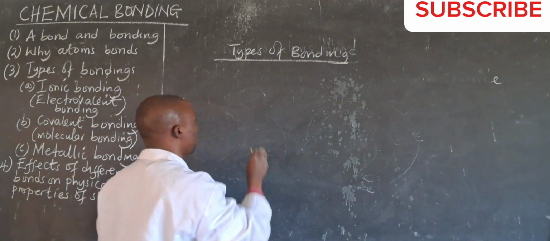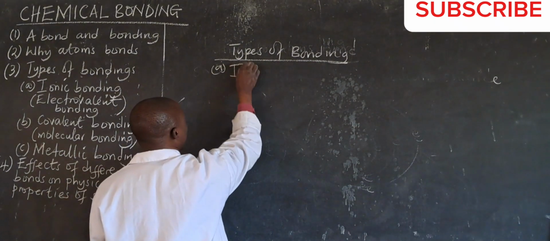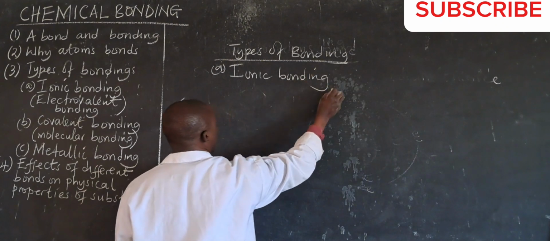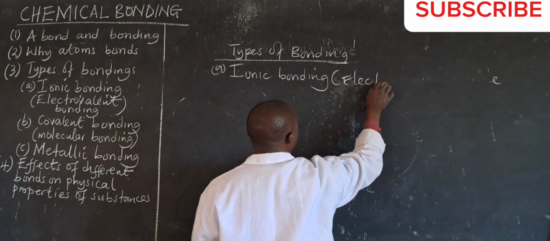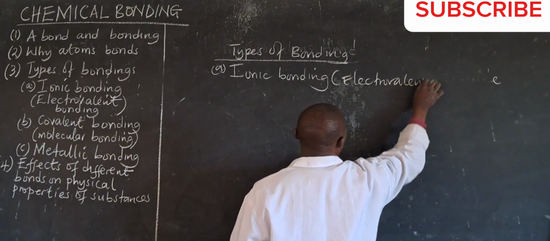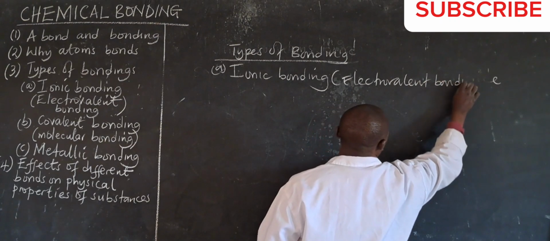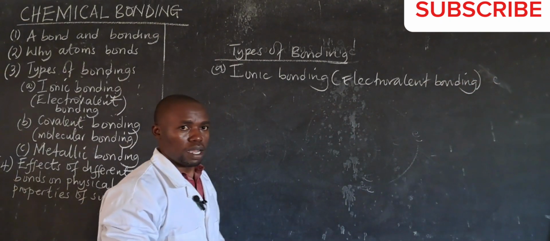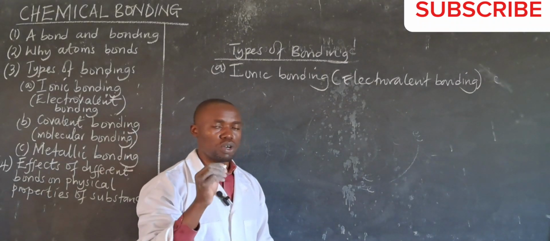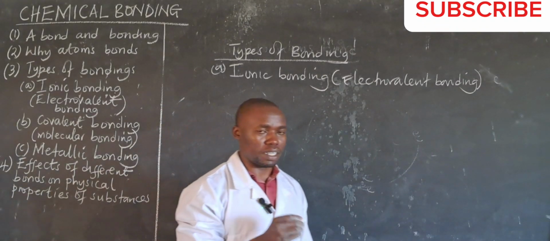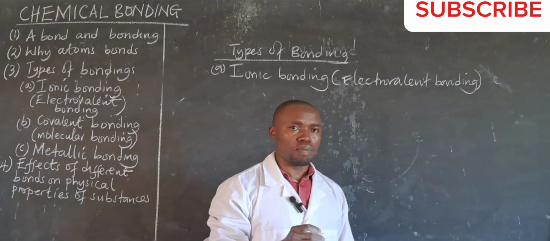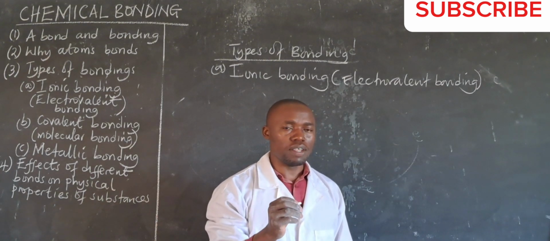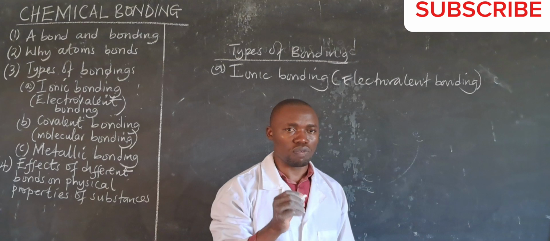Let's start with the first one, ionic bonding or electrovalent bonding. So, in ionic bonding, we normally form what we call ions. Ions are only formed when there is either loss or gain of electrons.